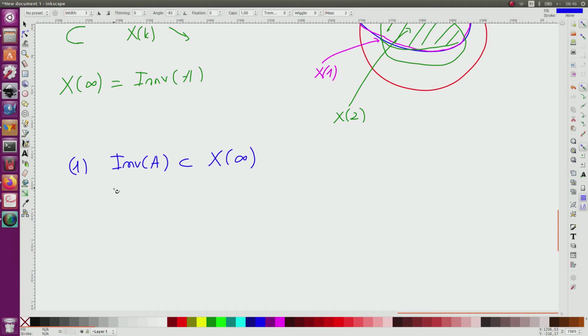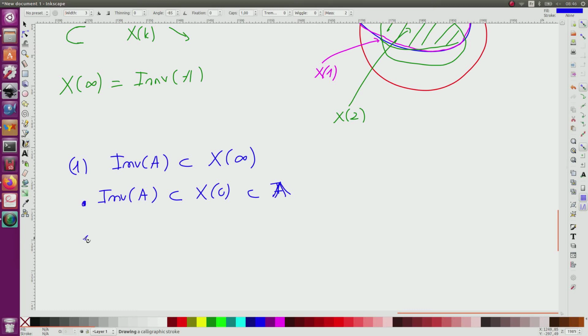So first, by induction, for k equals 0, I observe that, of course, invariant of A is included in x of 0, and x of 0 is included in A. Okay, so this is the first step.